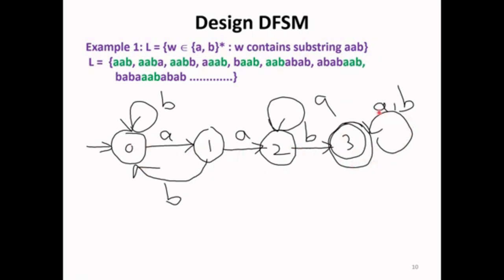After that, I may have any number of A's and B's. Still, this string will be accepted. So, now if you see, the DFSM is complete, which accepts all the strings containing substring AAB.